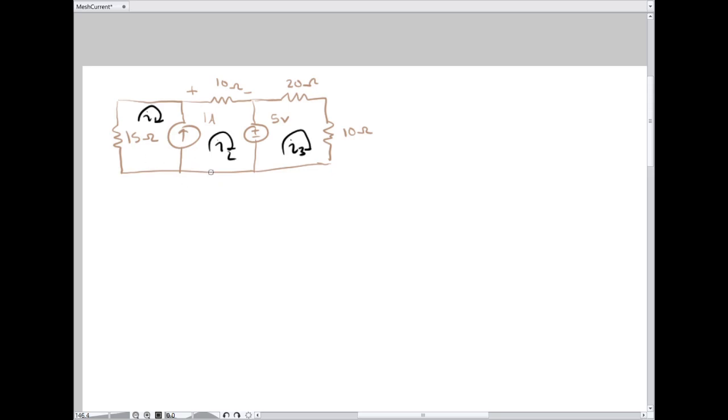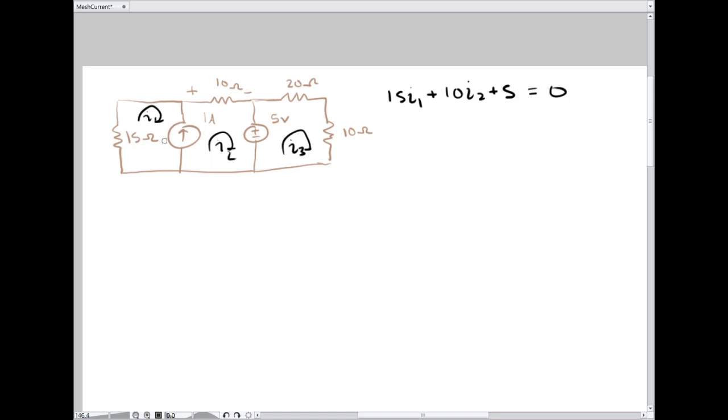So just like any other mesh, we're going to go around this clockwise. 15 I1, and then keep going, plus 10 I2, because that's the mesh, plus 5, because we hit the plus terminal first as we go around clockwise. And that's it. We've gotten all three components. We've gotten all the way around the super mesh, equals 0.